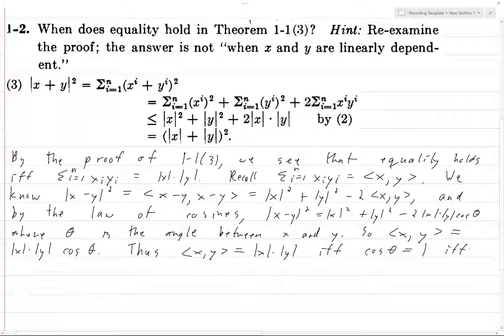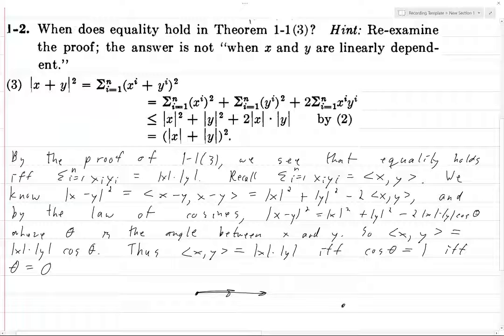But when does that happen? If we're just looking at the unit circle, that happens if theta is equal to 0. So this happens only if theta is equal to 0. And so when can this happen? This means that if you've got the origin and x going this way, then y also has to go this way.